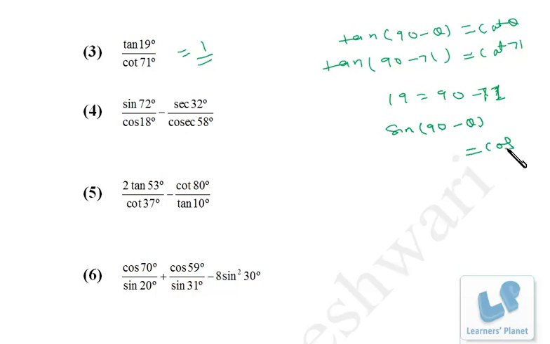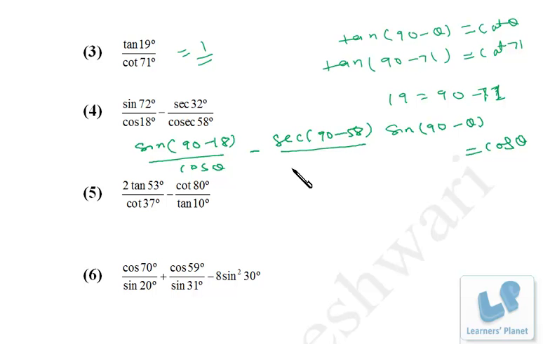Now similarly, sine 90 minus theta is cos theta. So 72 can be written as 90 minus 18. So it's sine 90 minus 18 upon cos 18. Similarly, sec, this 32 degree can be written as 90 minus 58. So it's sec 90 minus 58 upon cosec 58.